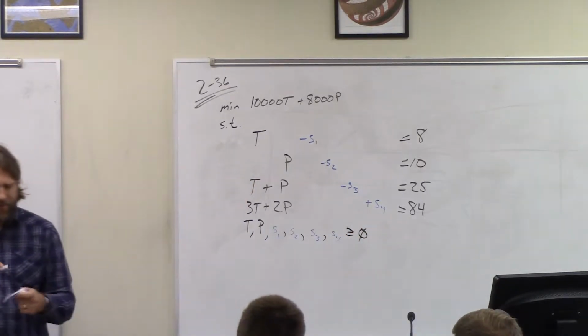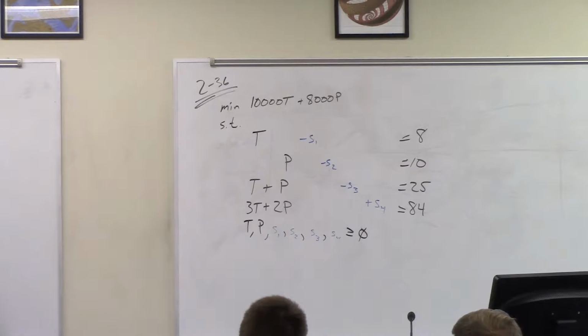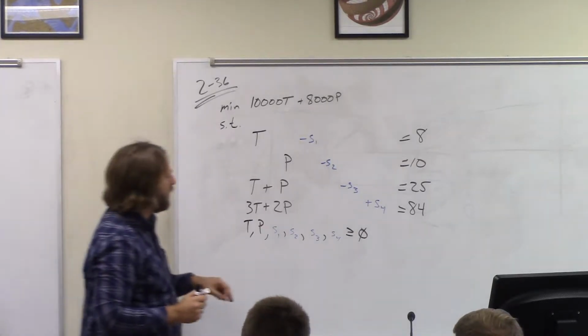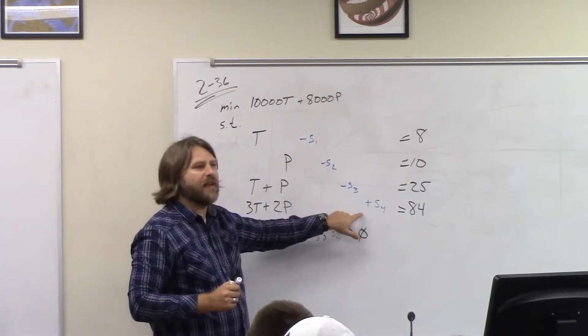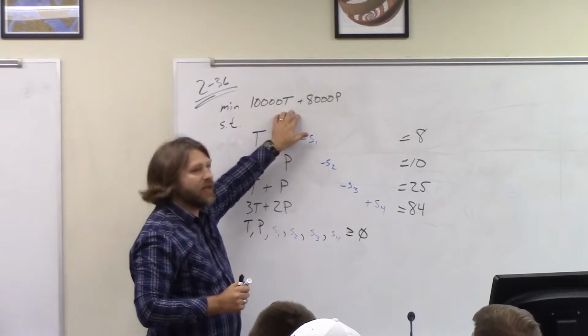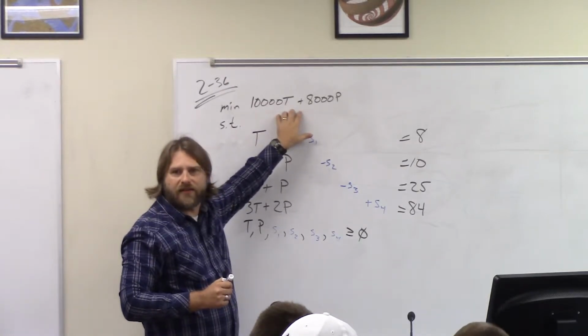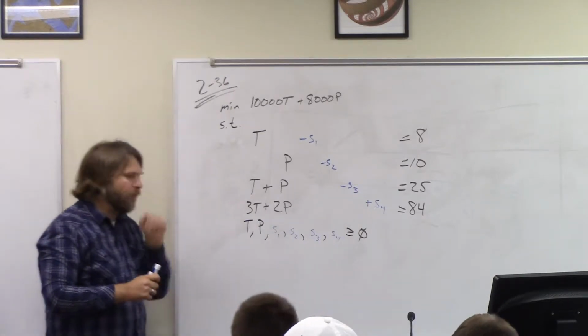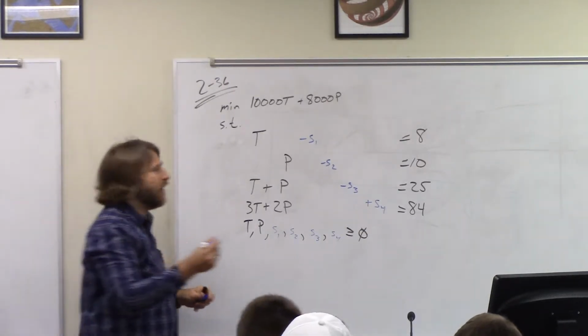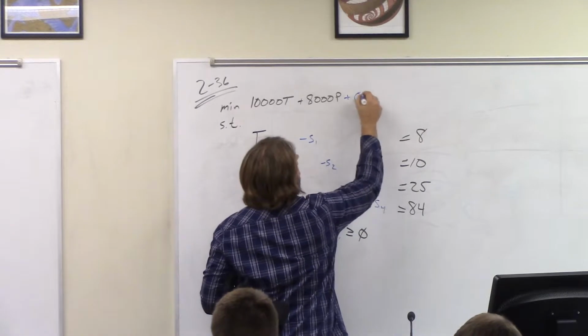And one thing I didn't mention, because it's maybe seemingly obvious, is that adding the surplus or the slack variables does not change the overall cost or our objective function. A lot of people want to explicitly put that in there by doing this.